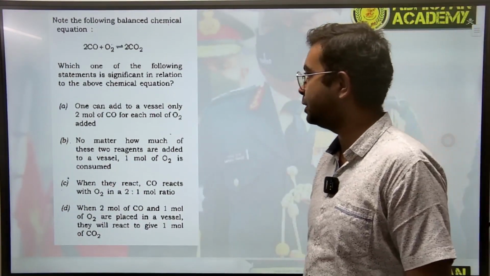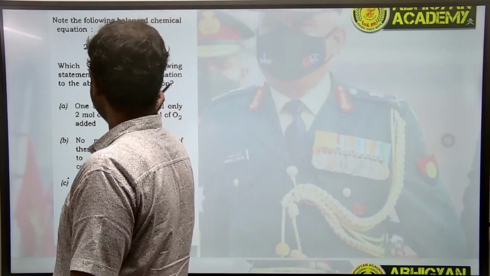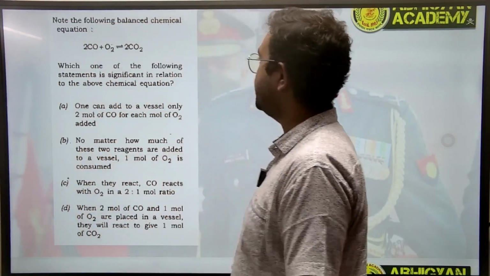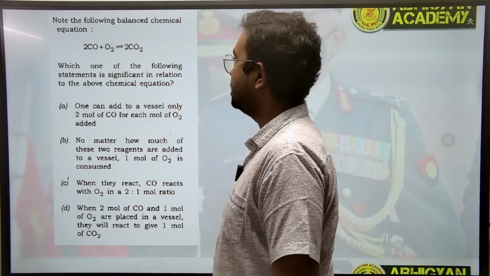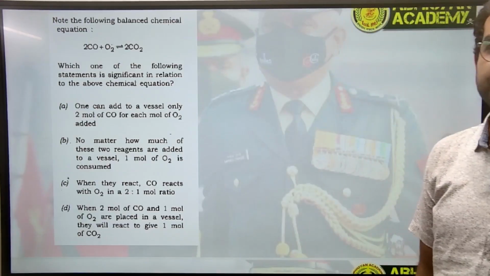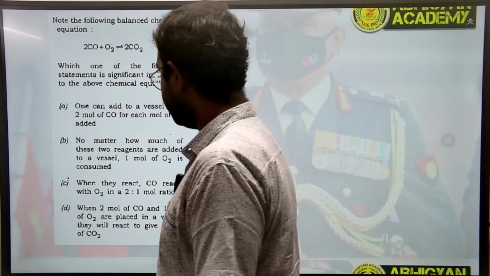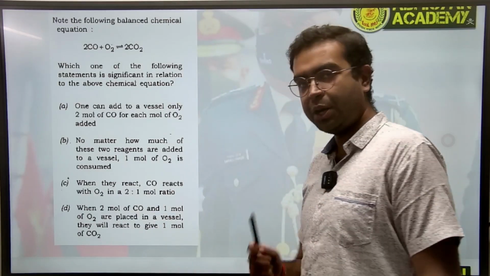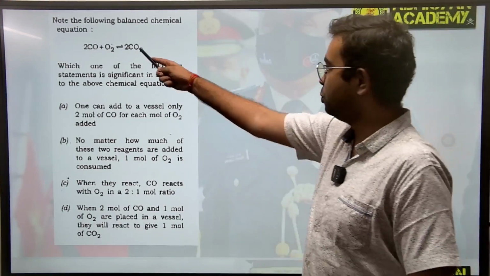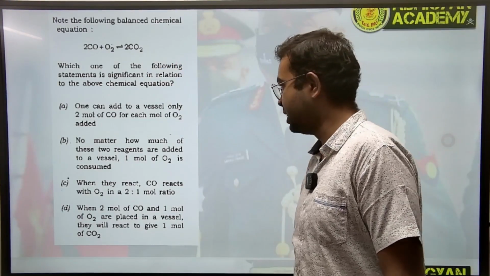Now look at this question here. Which of the following statements is significant in relation to this above reaction? That 2 moles of carbon monoxide is reacting with 1 mole of O2 to give you 2 moles of carbon dioxide.